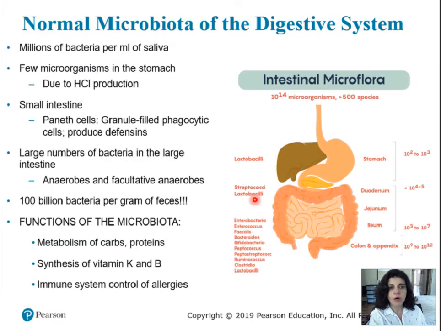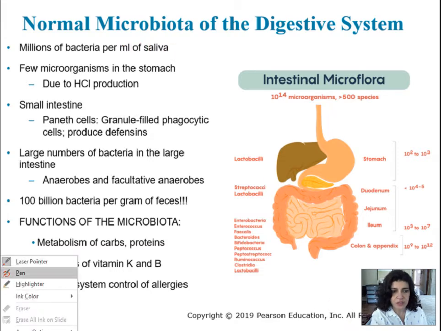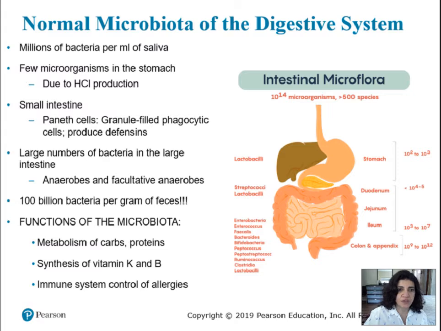When we think about the normal microbiota of the digestive system, you have millions of microbes in the saliva, but you don't have so many microbes in the stomach due to the acidic pH, and we're going to talk about which microbes these are.